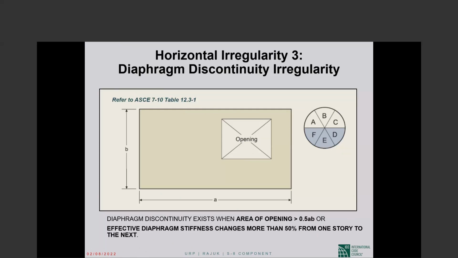This effective stiffness is not defined. That makes it a bit of a problem. But anyway, significant change in diaphragm stiffness from one story to the next.